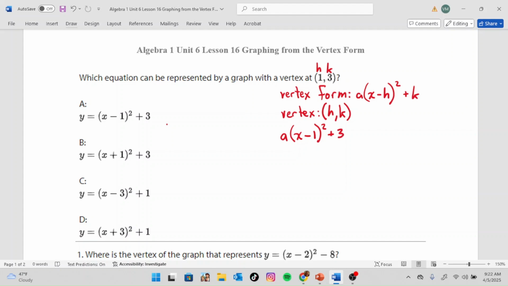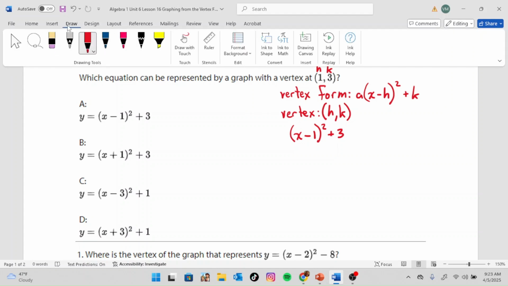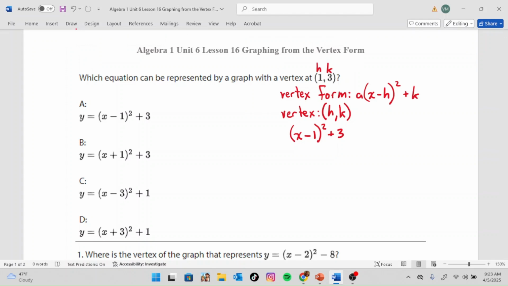Now the a, if we had a number, we could put it here, but since we don't, it's understood to be 1, and we don't need to write the 1, because anything times 1 is just itself. So now we look over here at our choices, and here we have (x minus 1) squared plus 3 on choice A. So that means A is our correct choice.